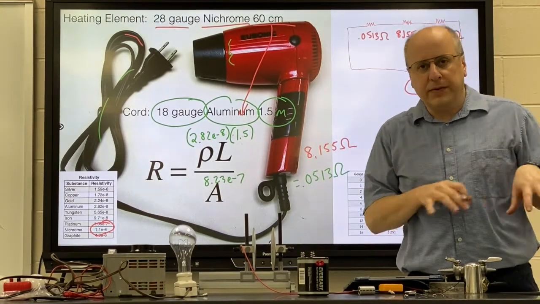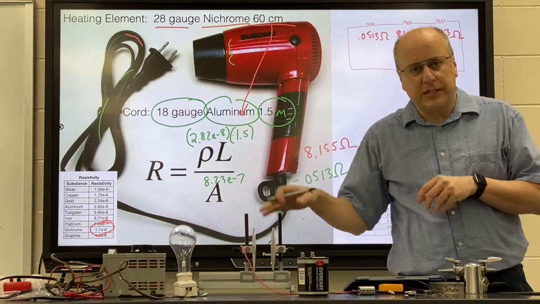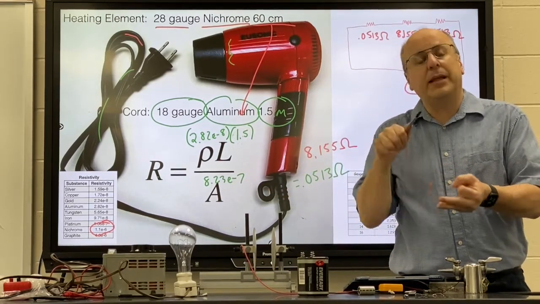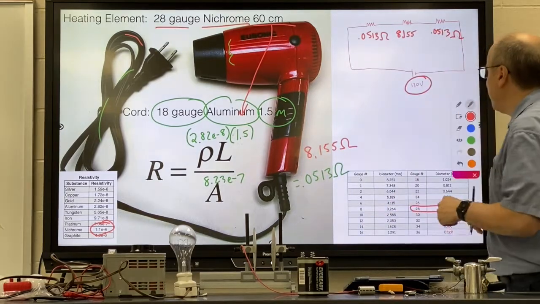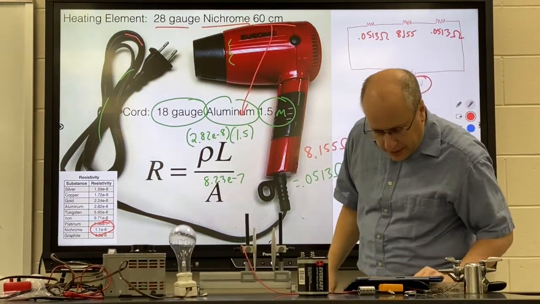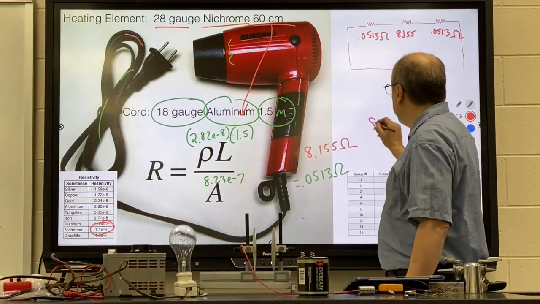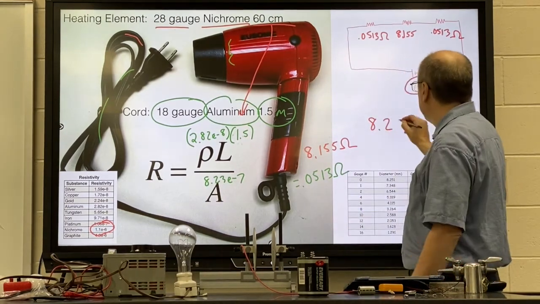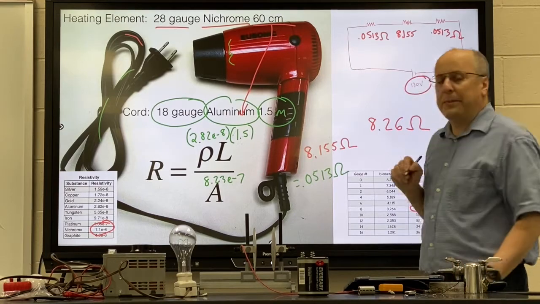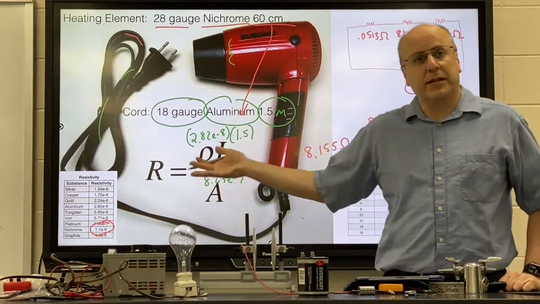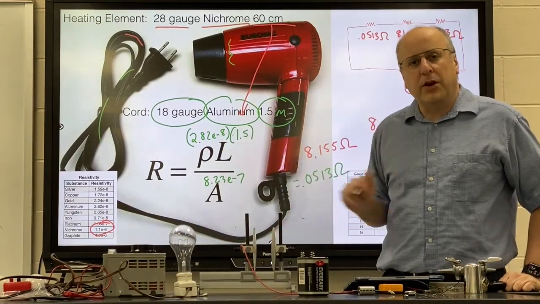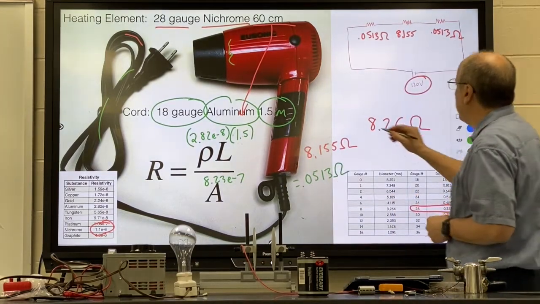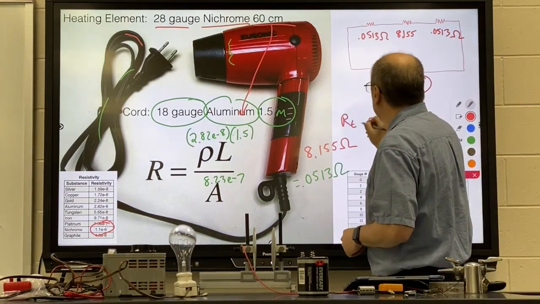We add all the resistors together because the electrons have to go through the cord, through the heating element, and back through the cord again. Okay, when we add them all up, we get a total resistance of 8.26. Somewhere in that ballpark. You might round it to more decimal places. I wouldn't go any less than this. Okay, once you have that, that is your total resistance.